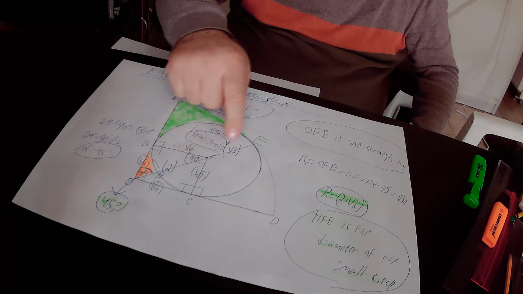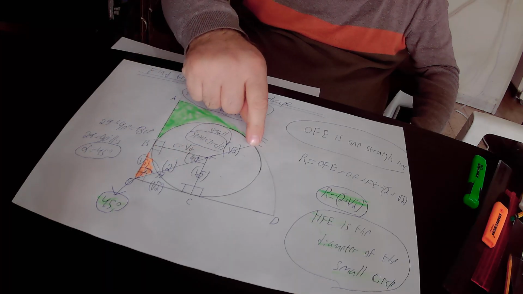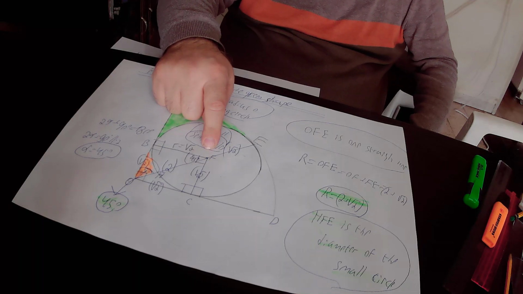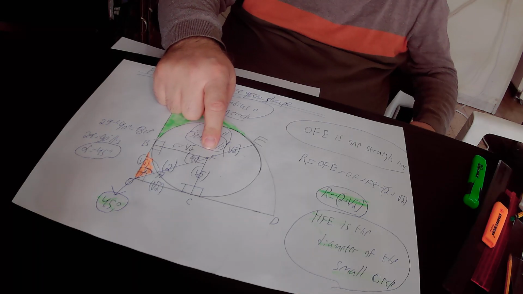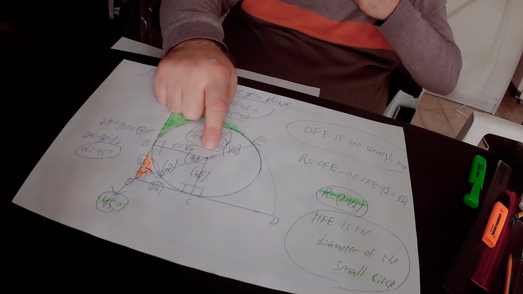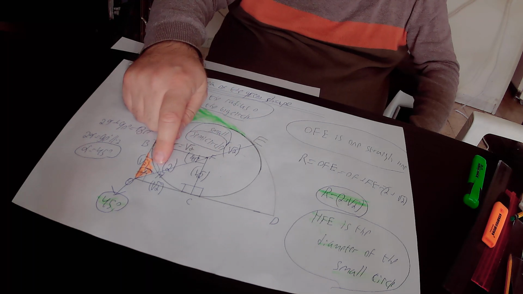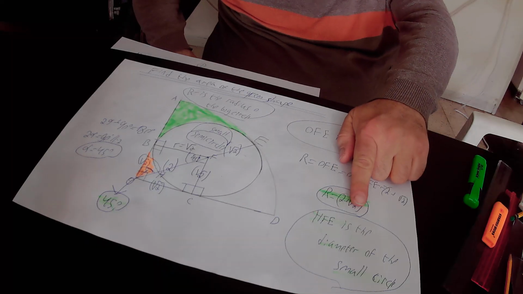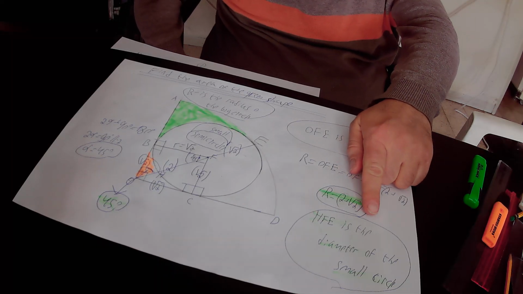So HFE is a chord of the small circle that passes through point F, the center of the small circle. And any chord that passes through the center of a circle must be the diameter. So in conclusion, HFE is the diameter of the small circle.